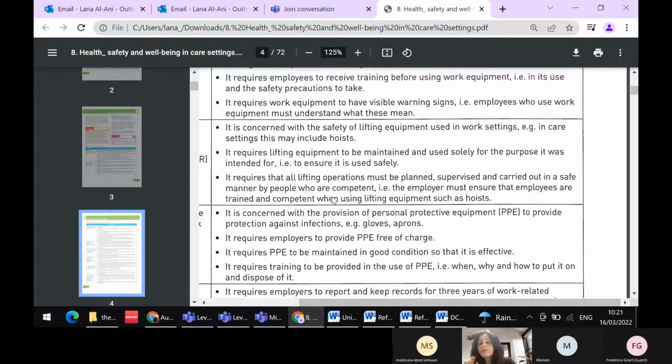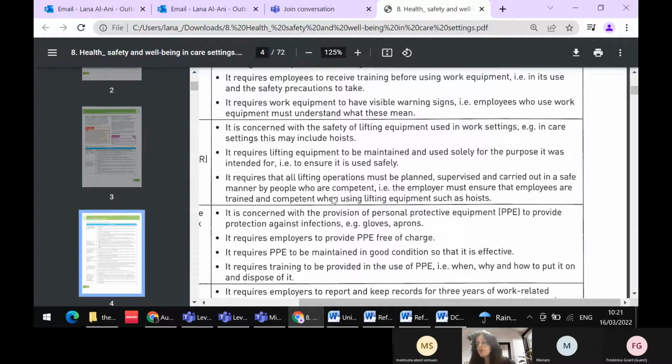And also, it requires that lifting operations must be planned and supervised. So not anyone can come and do the lifting operation. It should be a specific person who has had proper training to do this, and also there would be a supervisor who is monitoring this lifting.